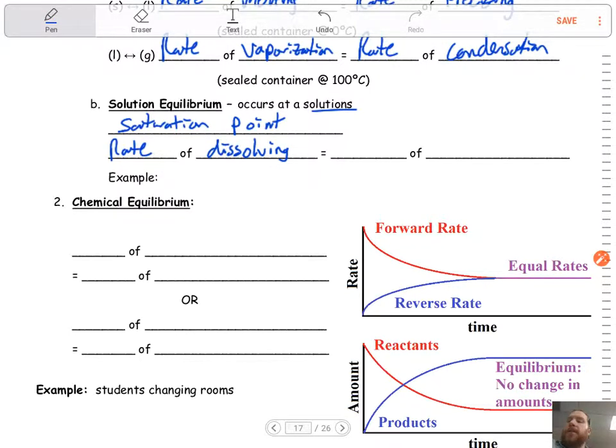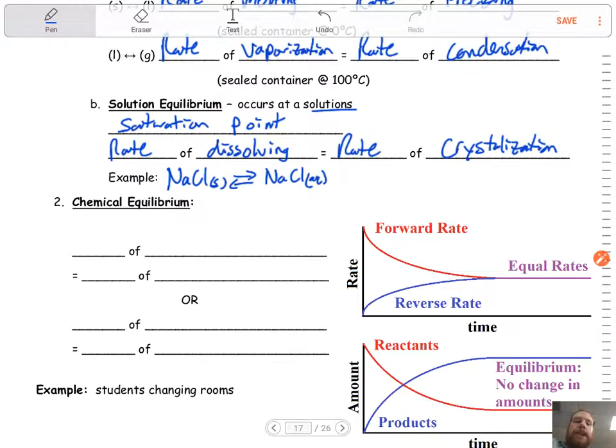So the rate of dissolving equals the rate of crystallization. Not only are things dissolving, but then they're re-solidifying, becoming crystals again. An example of this would be NaCl solid and NaCl aqueous. So it's dissolving and crystallizing at the same rate.